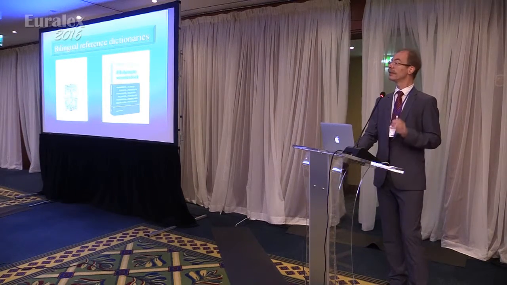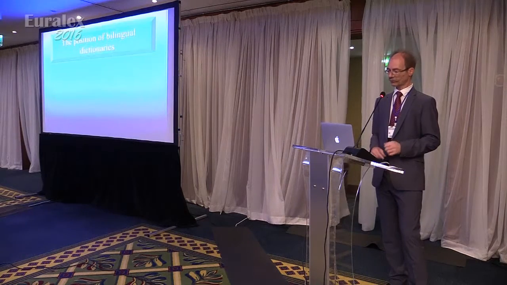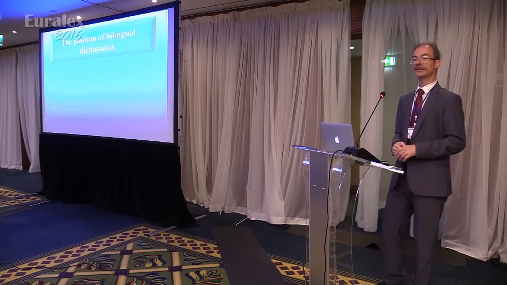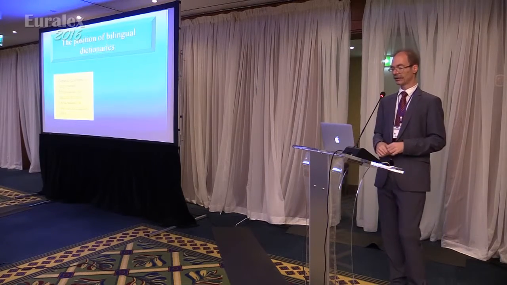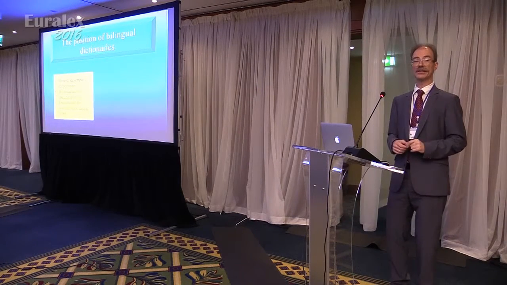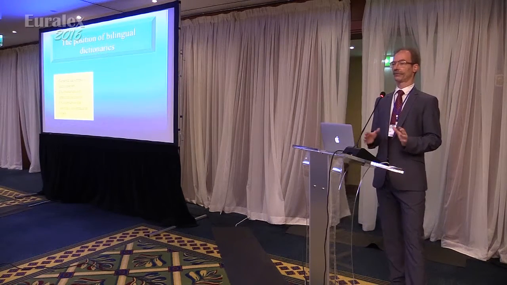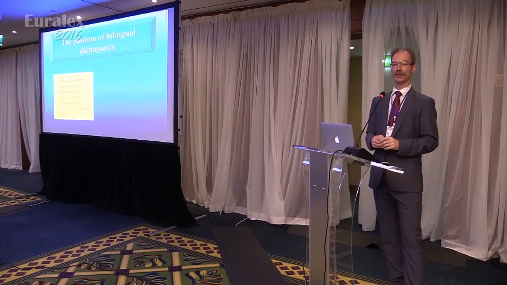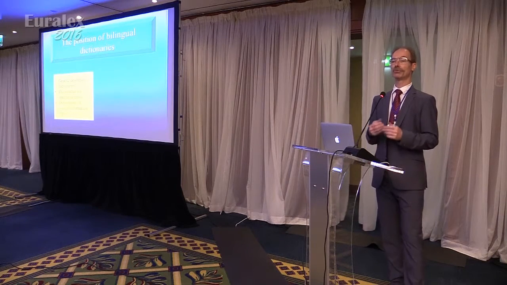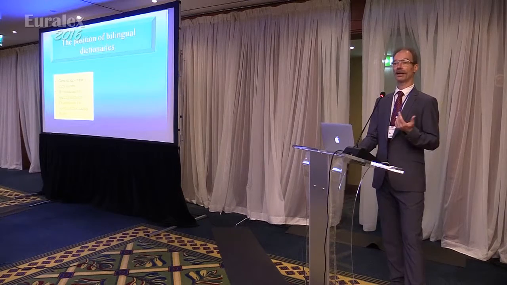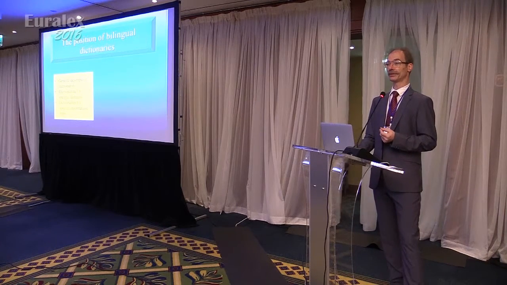In fact, bilingual dictionaries are not a type of dictionaries in the same way as we have general dictionaries or dictionaries for specific domains, dictionaries for specific information types. I would rather say bilingual dictionaries are like electronic dictionaries.